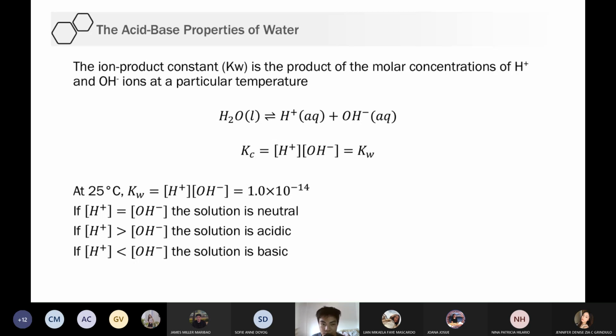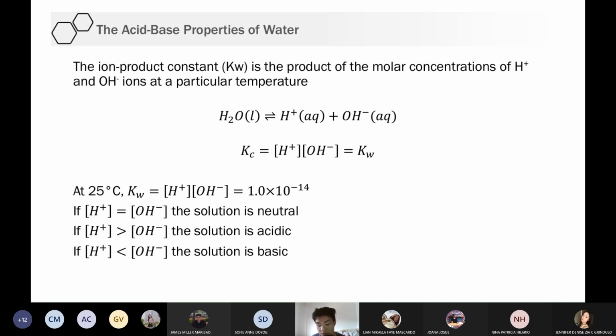So since this equilibrium system is special to water only, we will call it the Kw, or the ion product constant of water. Kw tawag natin sa kanya, kasi special kay water. So itong equation na to, that is the Kw. That is special to water only.